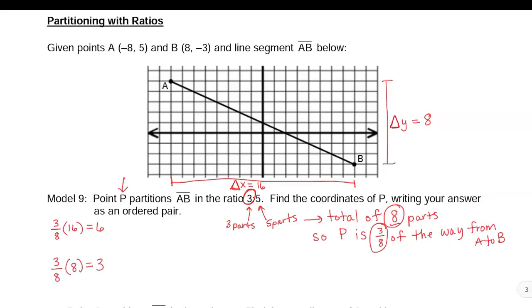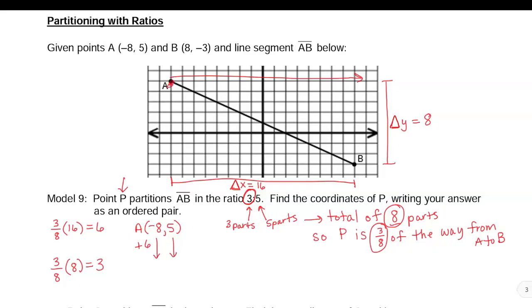So when you start with point A, which is at -8, 5, and you move 3/8 of the way down the segment, horizontally that changes the x-coordinate. So I'm going to either add or subtract 6. When I go from A to B, I'm going to the right, so you're adding on to x when you go to the right. So we're going to add 6 to the x-coordinate. But notice what happens from A to B vertically.